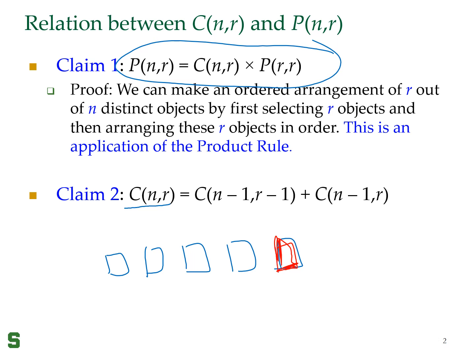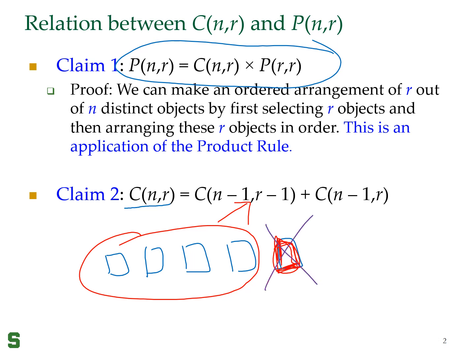So let's suppose I include this object. That means out of the remaining, I have to select r minus 1. So I have n minus 1 objects, and I should select r minus 1 out of it. That's going to be one possibility. The second possibility is we do not choose this object, and now I am forced to select all the r objects out of the remaining.